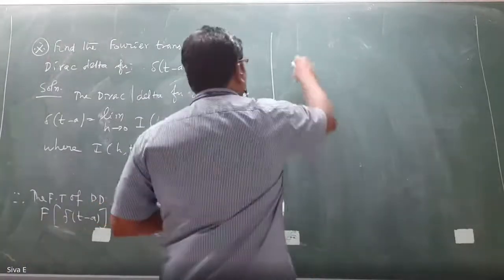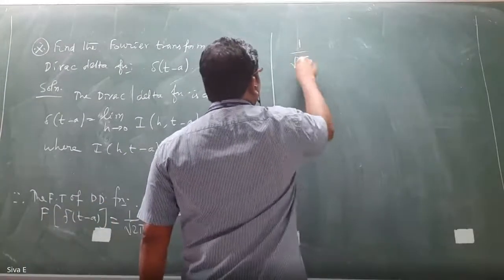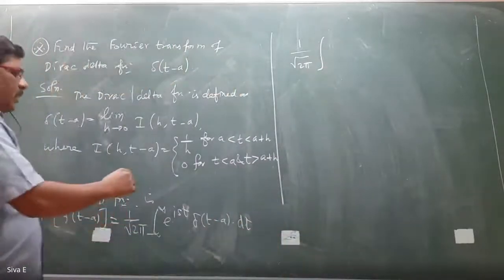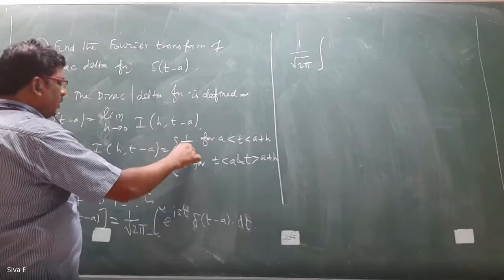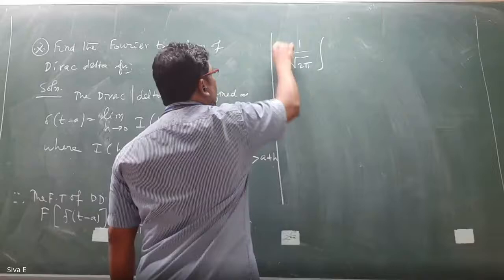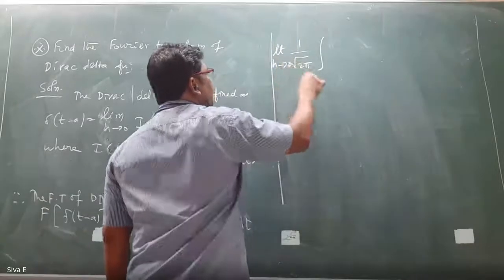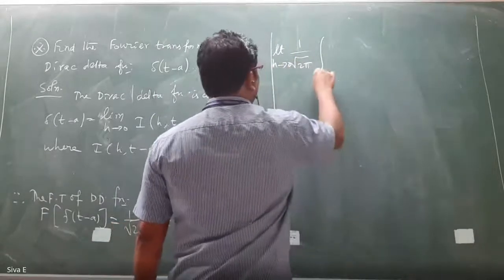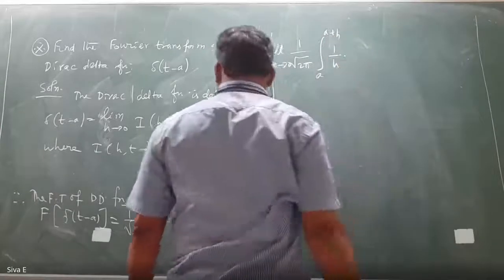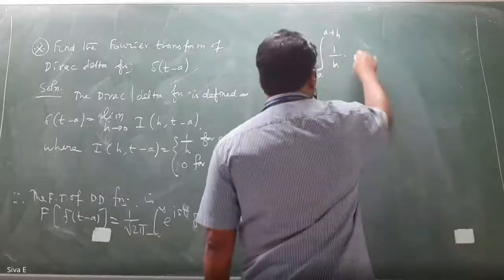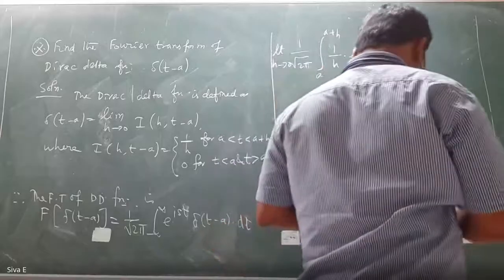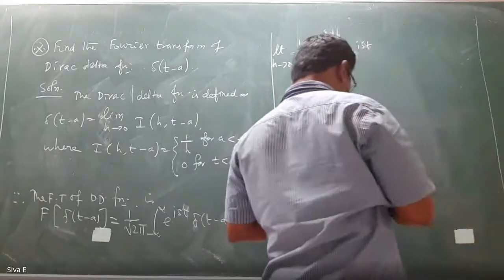The Dirac delta function is defined only with that 1 by h, but you have to take the limit h tends to 0. So before that you have to write limit h tends to 0, integral from a to a plus h, 1 by h, e power ist dt.